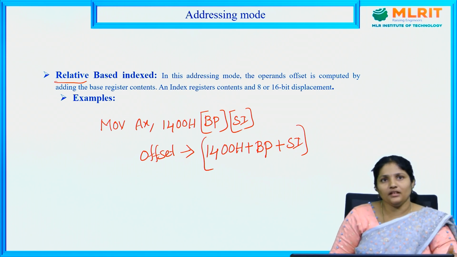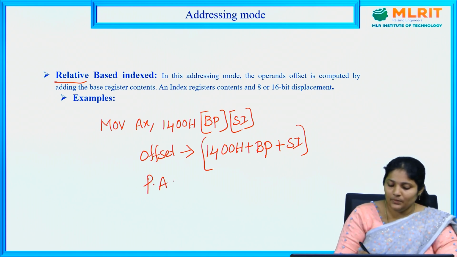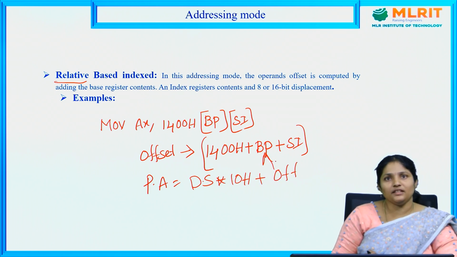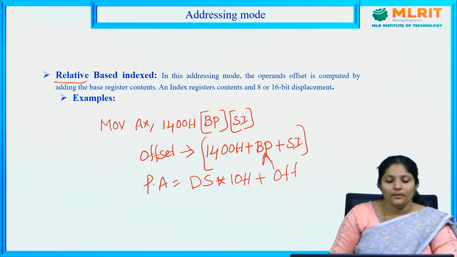Apart from string instructions, we always consider the segment register as the data segment. So the physical address will be the data segment multiplied by 10H, plus the offset address, which is this displacement plus the data in the base register and the data in the index register.